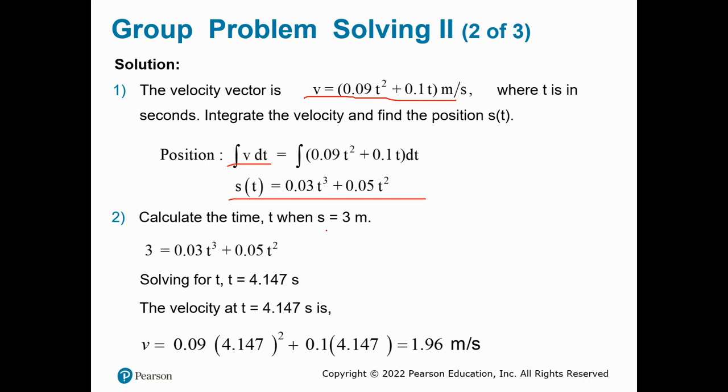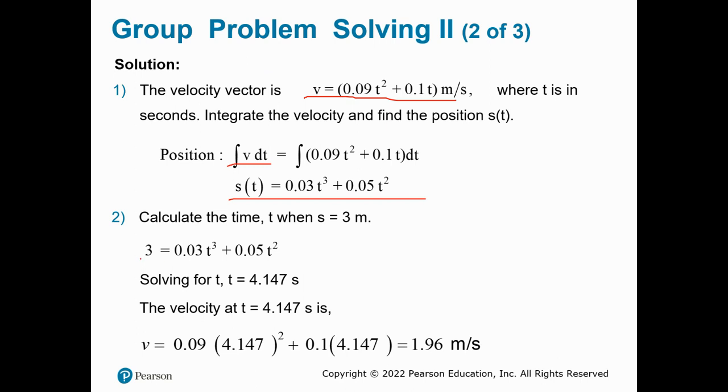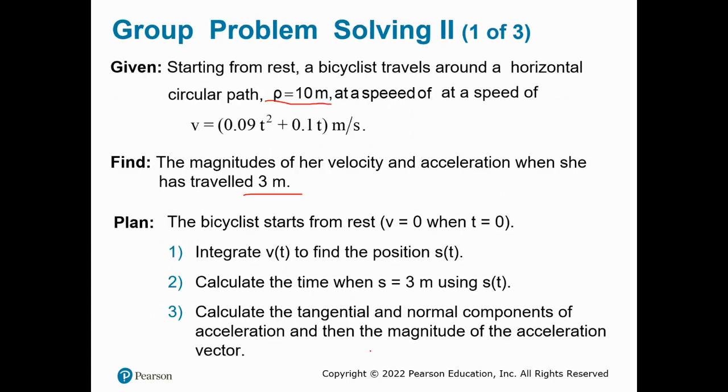And then we plug in the actual 3 meters, how much we travel, the position. We can calculate the value of t. This is what we got for the value of t. And once we get the value of t, plug it back into the velocity equation, that will give me the velocity at that time, which is what we're looking for.